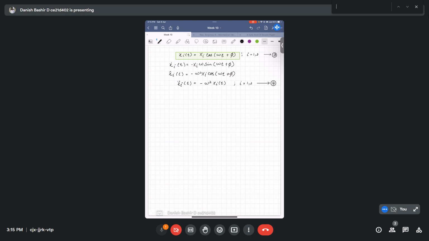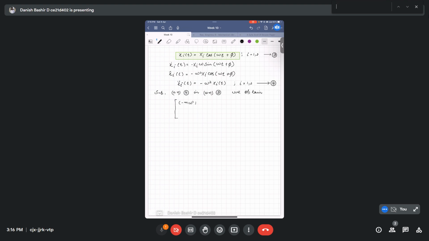When we substitute equation 4 in equation 3, we obtain this matrix: minus m omega square plus 2k, minus k, minus k, and minus m omega square plus 2k again.